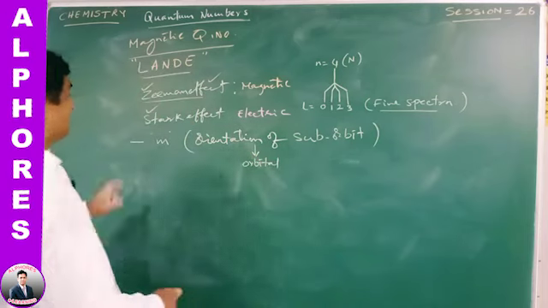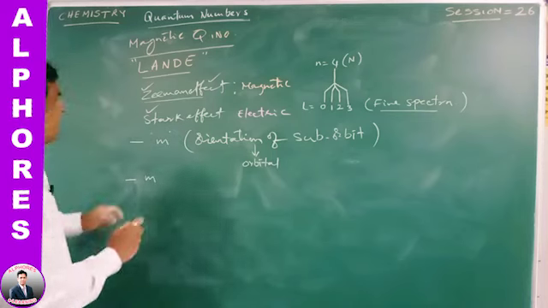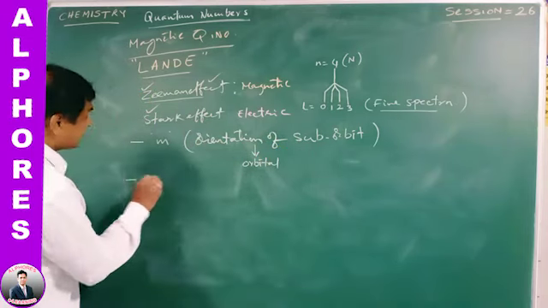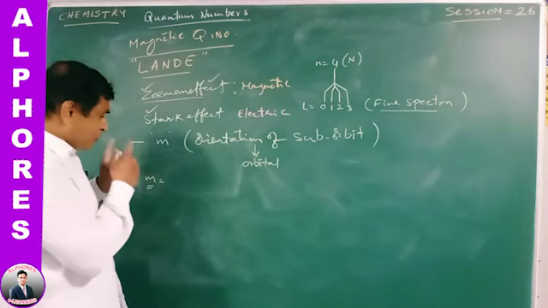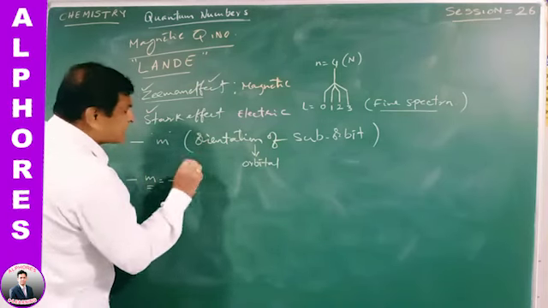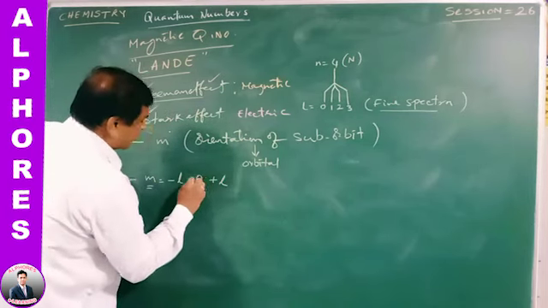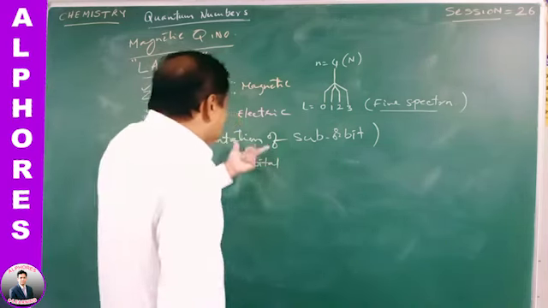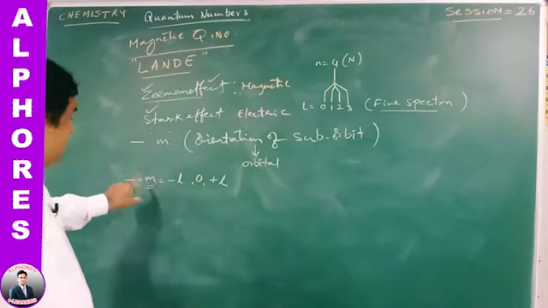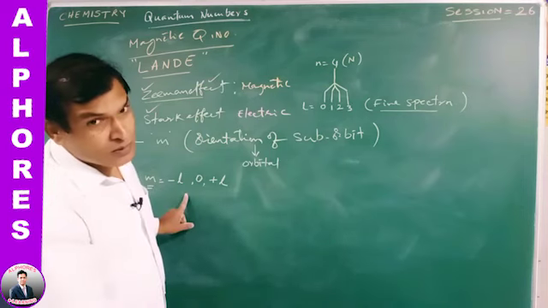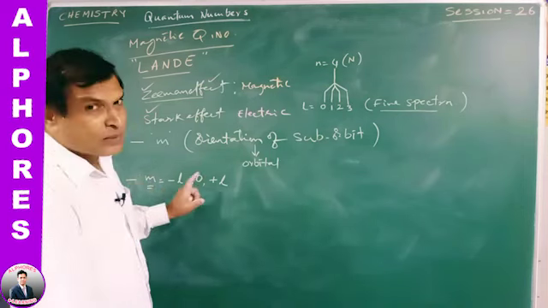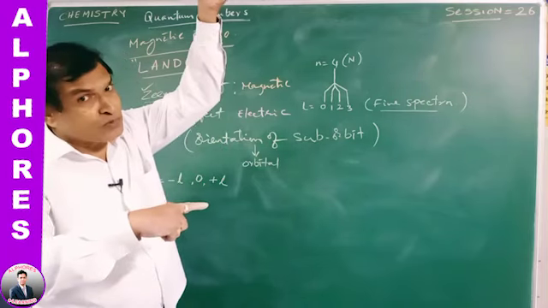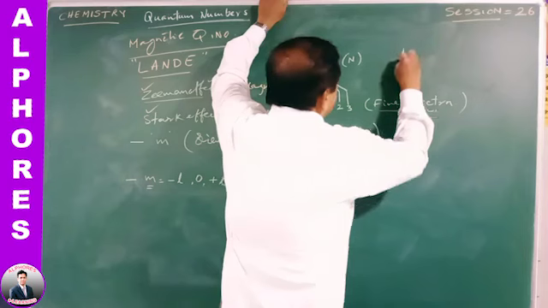So the m values, that means the orientation values of a suborbit, range from minus L to plus L including 0. m represents the orientation of a subshell, which results in an orbital. The m values depend upon the azimuthal quantum number value L. The L value depends upon n, the principal quantum number that we studied, L equals n minus 1.